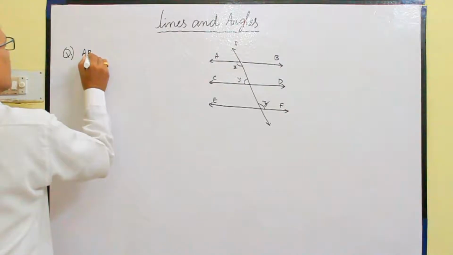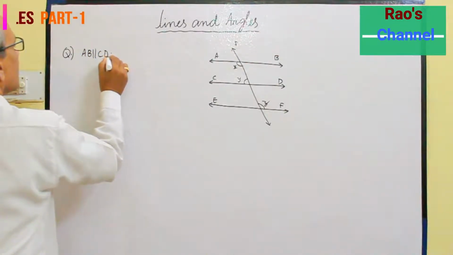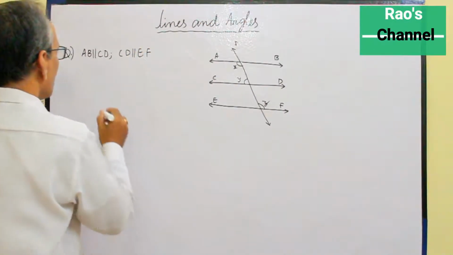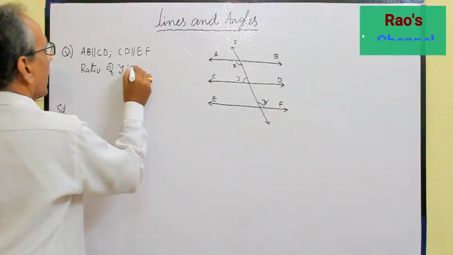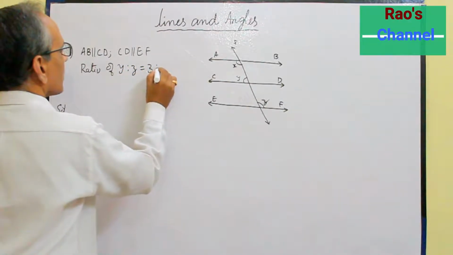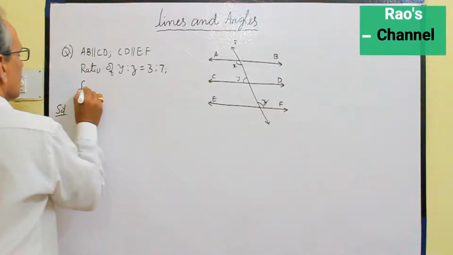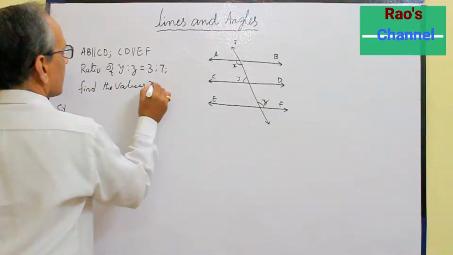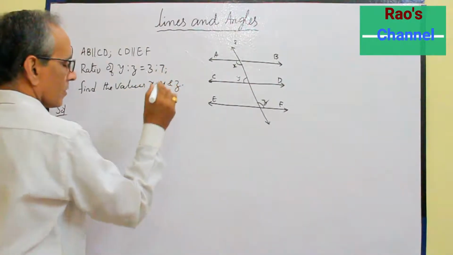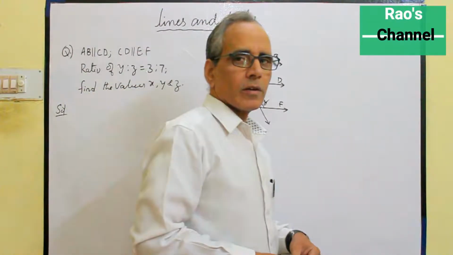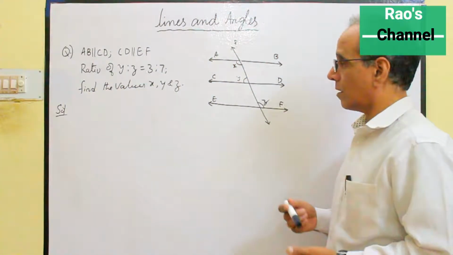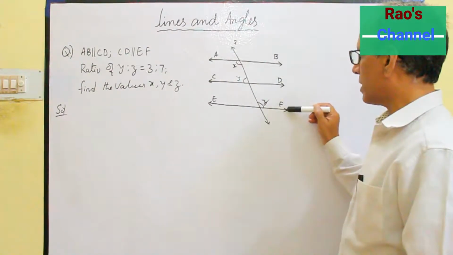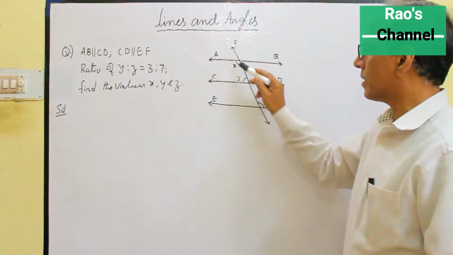AB is parallel to CD and CD is parallel to EF. And the ratio of Y and Z is given as 3:7. You have to find the values of X, Y and Z. So in this question we have three lines that are parallel: AB is parallel to CD, CD is parallel to EF, so AB is parallel to EF and this is a transversal.